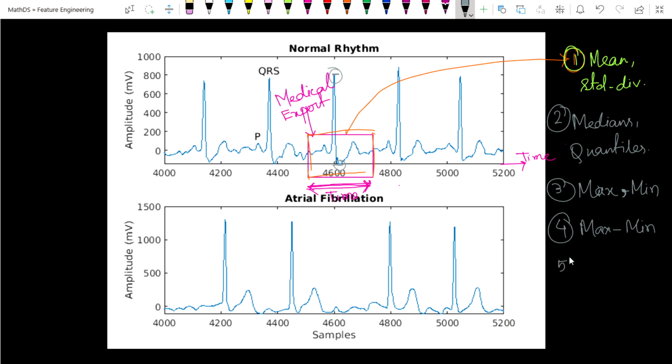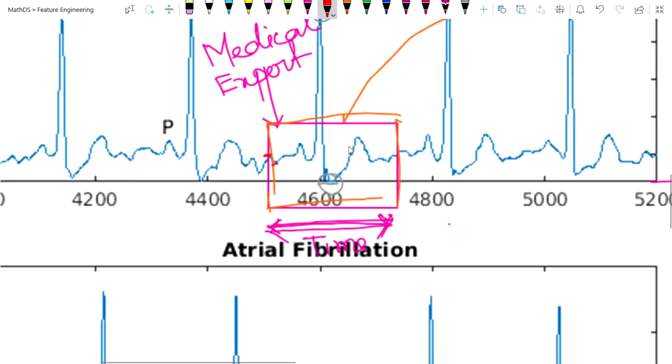The fifth kind is the local maximum and local minimum. Just see it here. Somewhere it will be a local maximum; if we zoom in a little bit, it will be clearer.